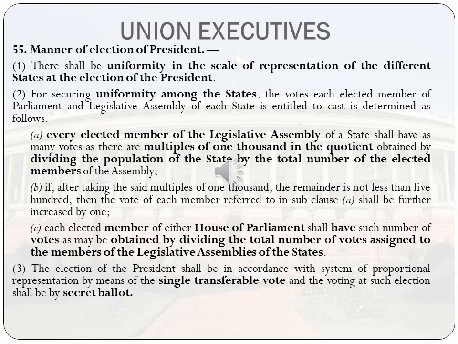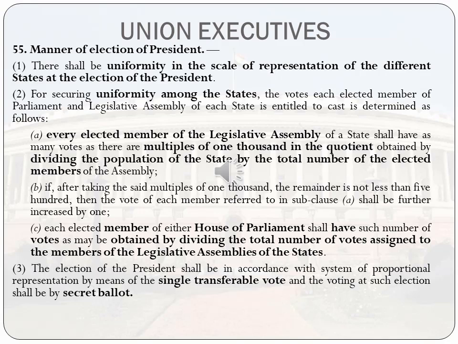For the purpose of securing such uniformity among the states, as well as to attain parity between the states as a whole and the union, the number of votes which each elected member of parliament and the legislative assembly of each state is entitled to cast at such election shall be determined in the manner as explained below.